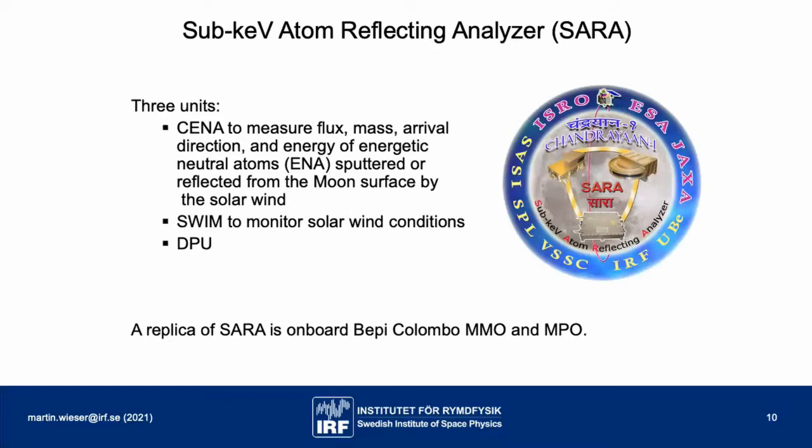SARA was a precursor of what is now flying on BepiColombo, on MMO and MPO to Mercury. So at the time, the SARA instrument was considered a test case to see how solar wind interacts with surfaces. And as it turned out, a lot of new effects were observed by this instrument, which of course will now also happen when the BepiColombo instrumentation arrives at Mercury.